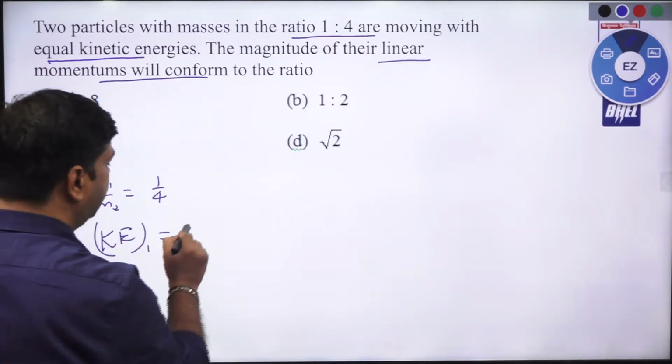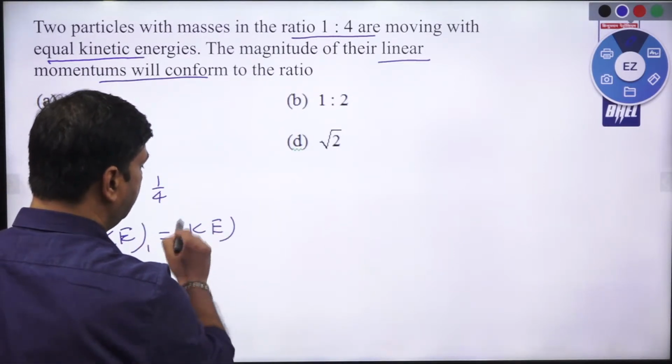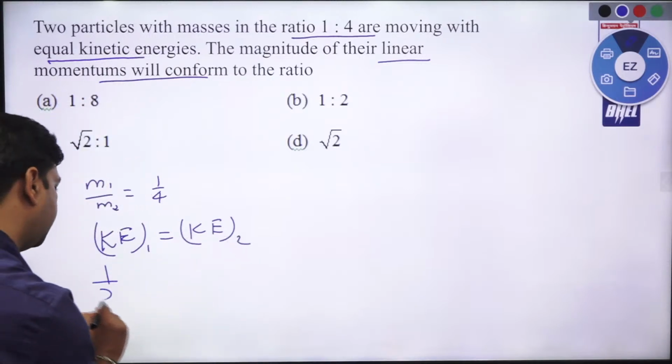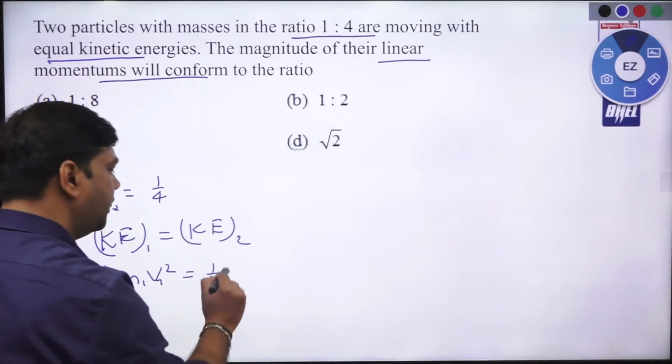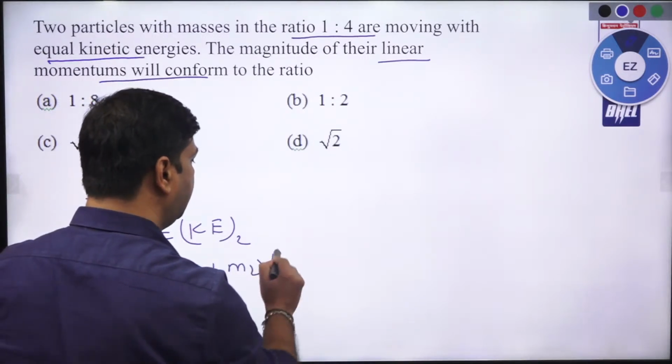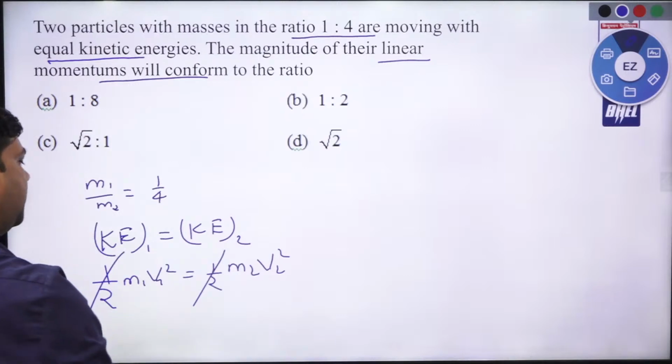KE1 equals KE2. So that is half of m1 v1 square equals half of m2 v2 square. This half cancels on both sides.